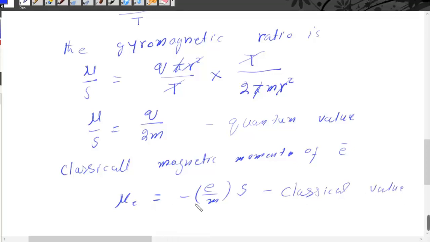See, its value is twice the quantum value. Here the division is by 2, and this value is twice the quantum value, due to relativistic theory.